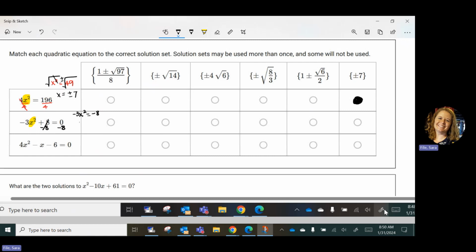Divide. -3 is being multiplied by x squared, so the opposite is to divide. Negative divided by negative is a positive, so still just positive 8/3. Now we're ready to take the square root of both sides. Don't forget your plus or minus. So positive or negative square root of 8/3. See that as an option? There it is.